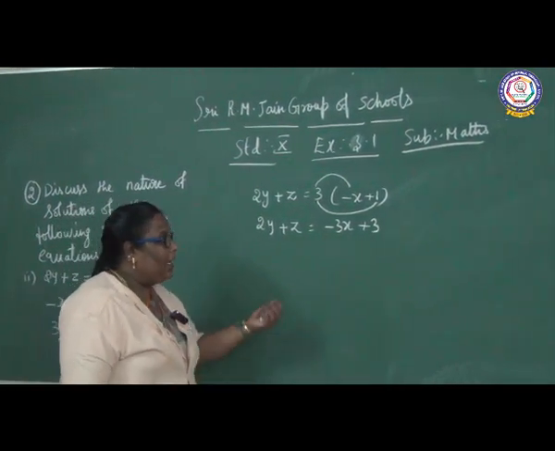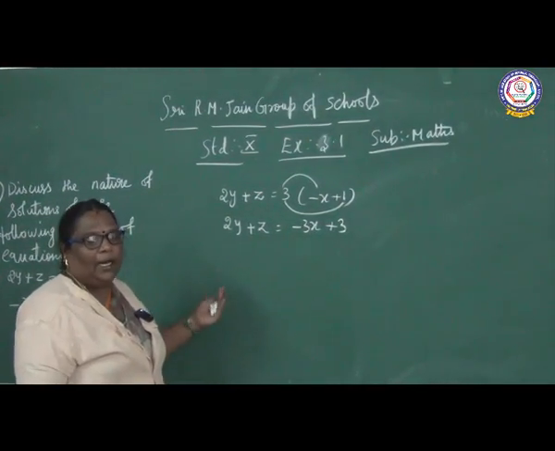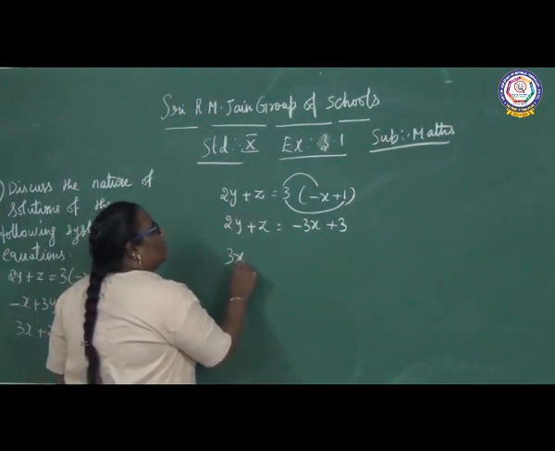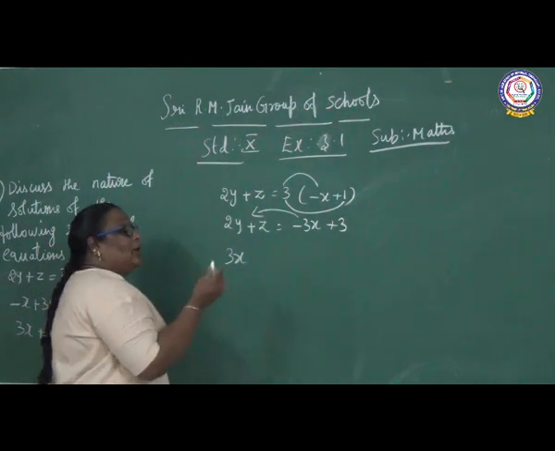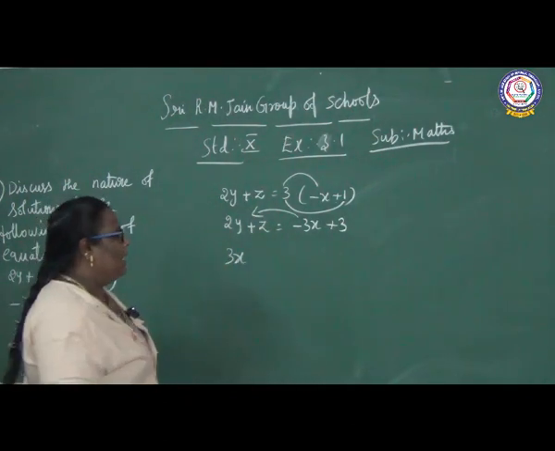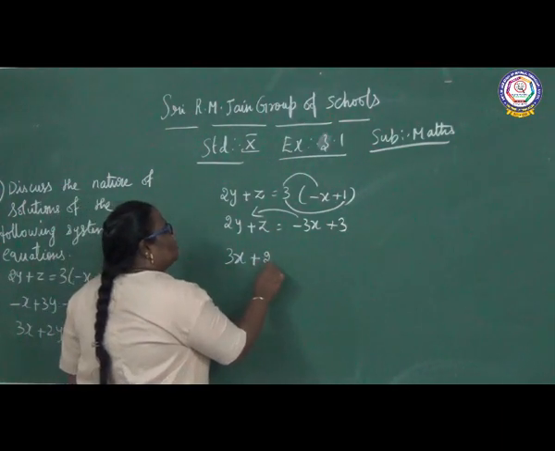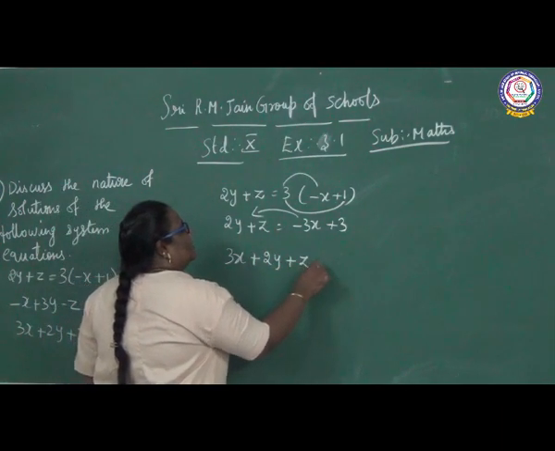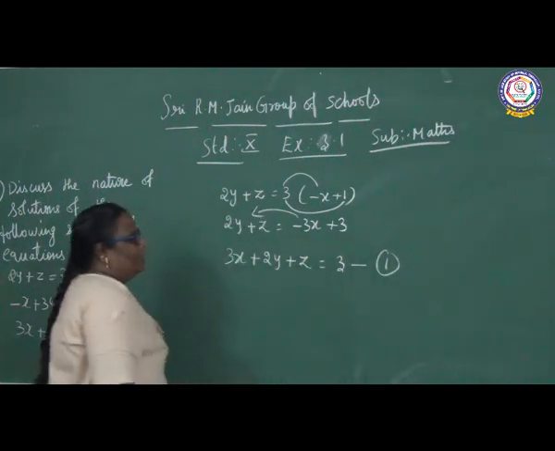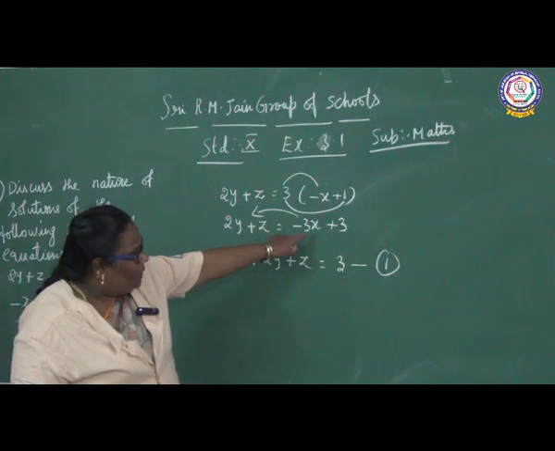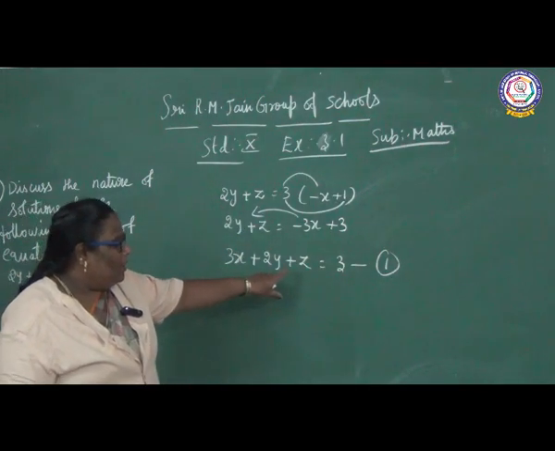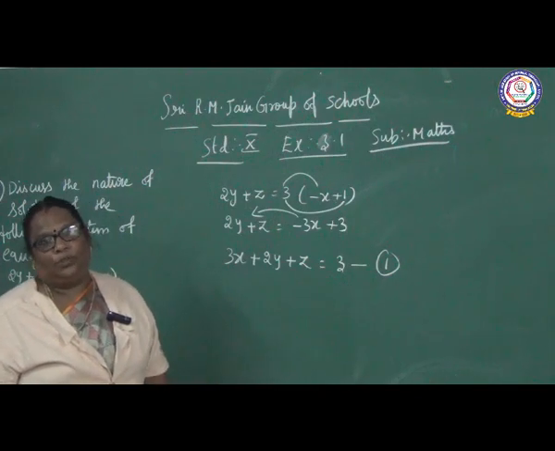Bring the x term to the other side and let the constant stay. Minus 3x becomes plus 3x. So 3x plus 2y plus z equal to 3. You can take it as the first equation.